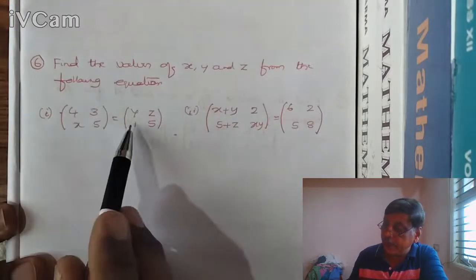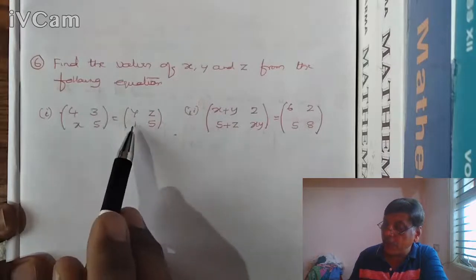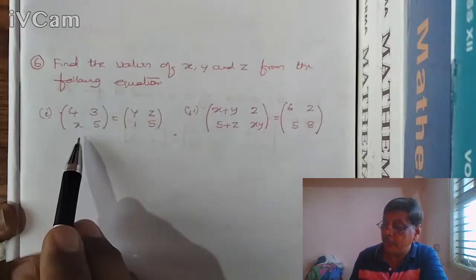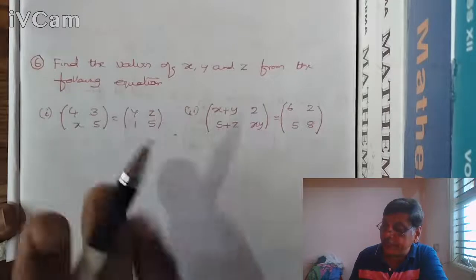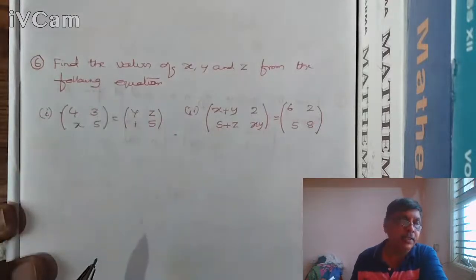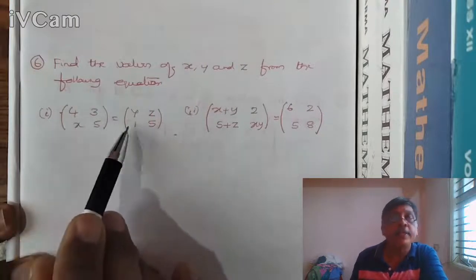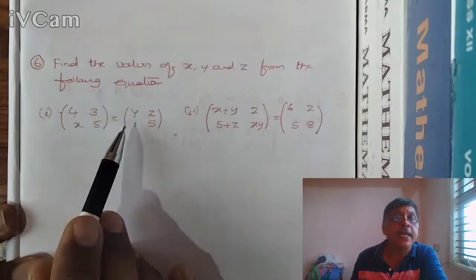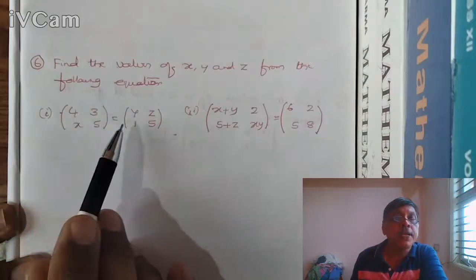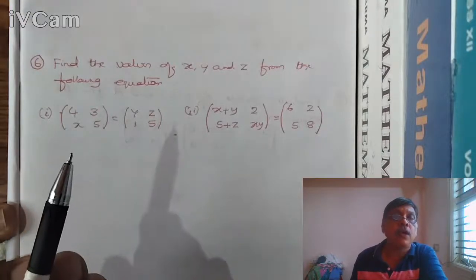On both sides of the equation we have matrices, and an equal sign means they are two equal matrices. According to the definition of equal matrices, two matrices are said to be equal if their orders are same and the corresponding elements are equal.